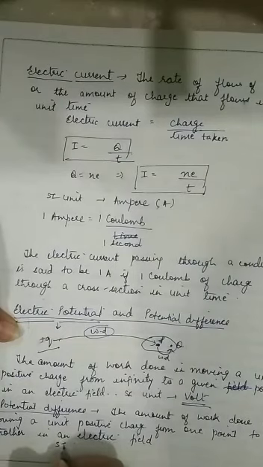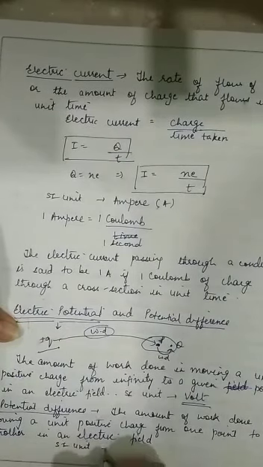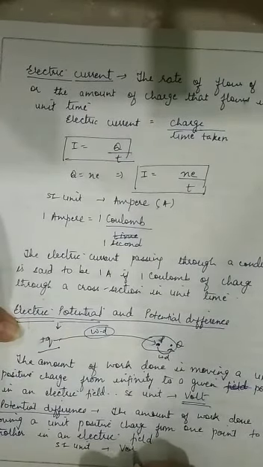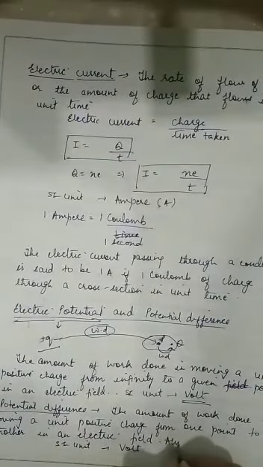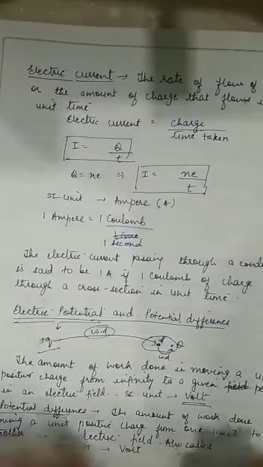Again the SI unit is volt. The other name for potential difference is also voltage.